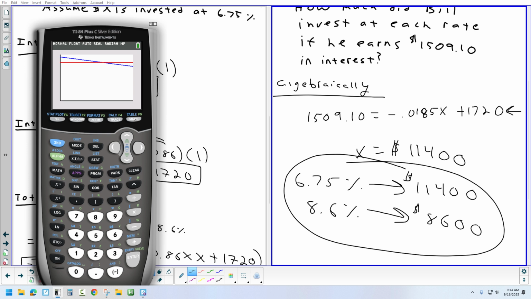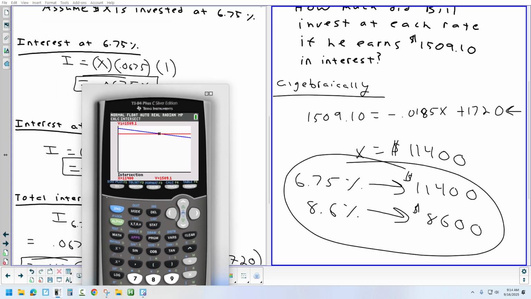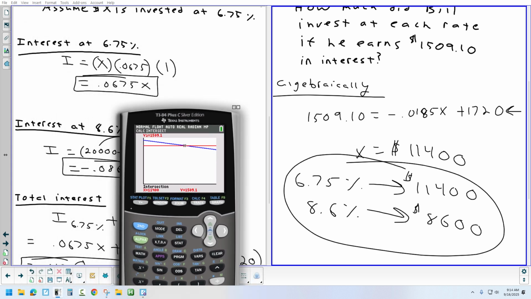Got my two graphs? Do the calculation for the intersection. Yep, we're going to calculate where they intersect. Because there's only two graphs on the screen, they're linear. They only cross in one spot. So when you do the intersection point, you get 11,400, which is exactly what we got algebraically.